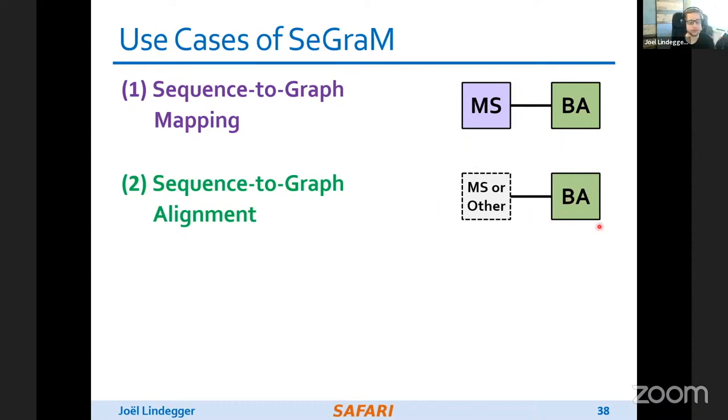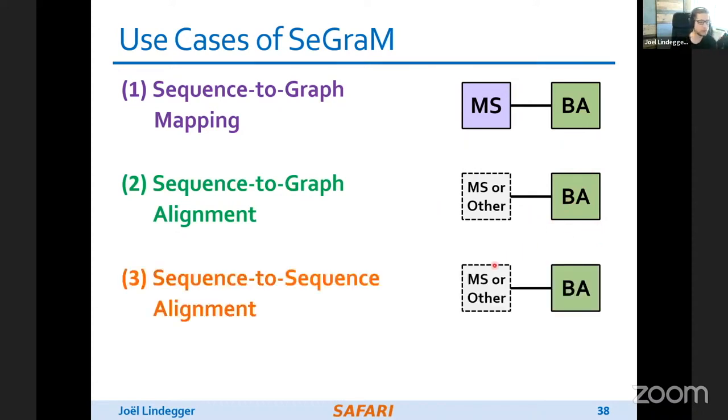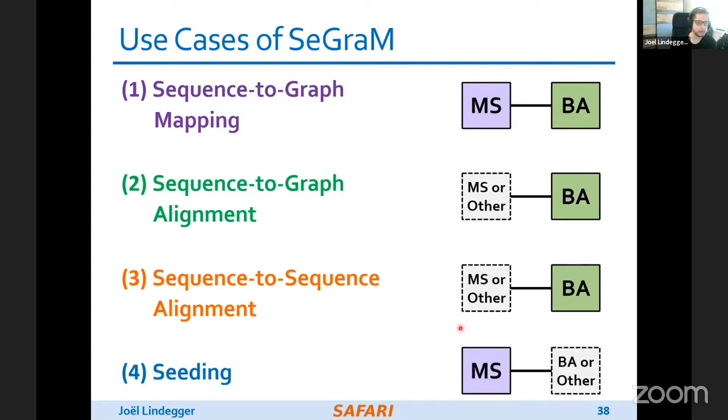So you can use these modules independently, or you could do sequence to sequence alignment, in which case you would just disable the MinSeed component and use BitAlign for the sequence to sequence alignment. And finally, if you just need a seeding accelerator, of course, you can use MinSeed on its own also, if for whatever reason you don't need the highly efficient pairwise alignment.